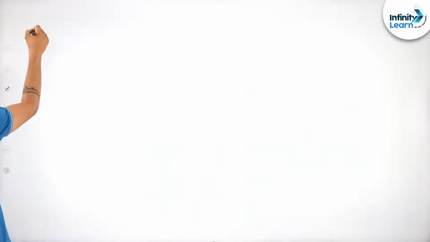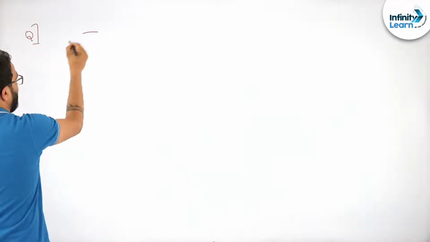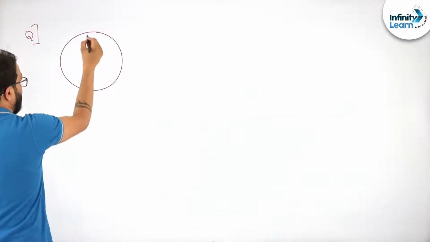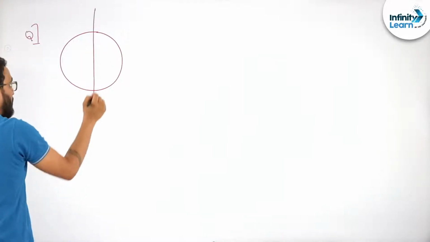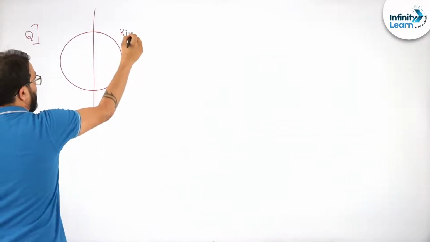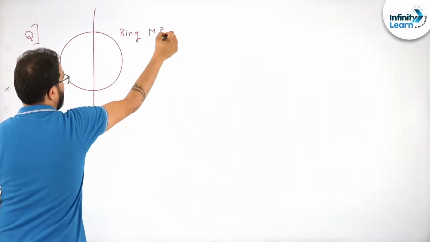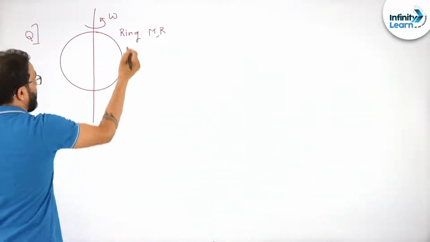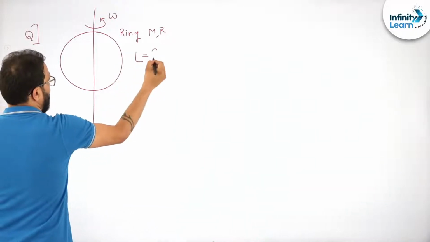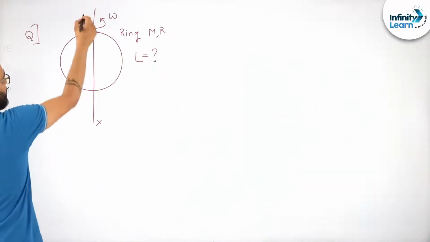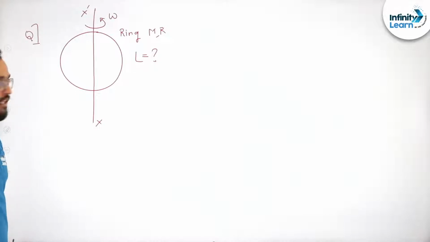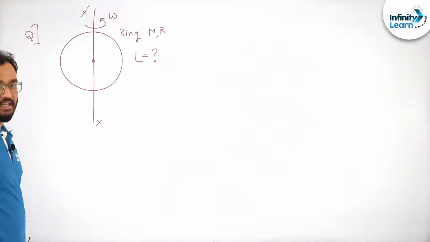Now listen very carefully. Let's take an example here. Suppose we have a ring of mass m, radius r, and it is rotating with angular speed omega. Let's find out its L about this axis x dash. Okay, so you will say, sir, this is one of the diametrical axis.